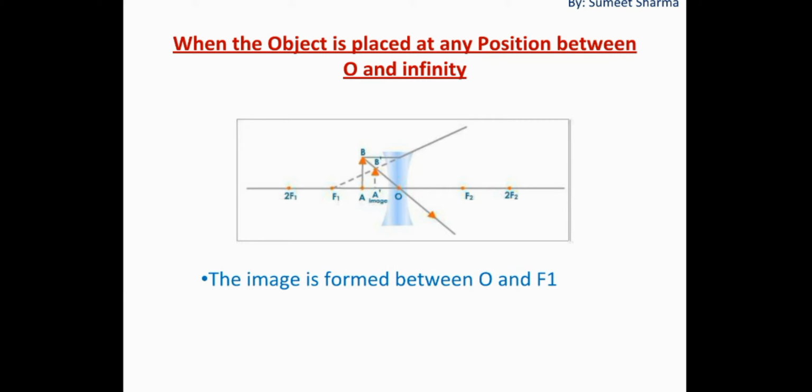Whatever the place you may place the object, the image will be formed in between optical center and principal focus. This image will be virtual and erect, and the size of image will be diminished. That means the size of the image will be less than the size of the object.